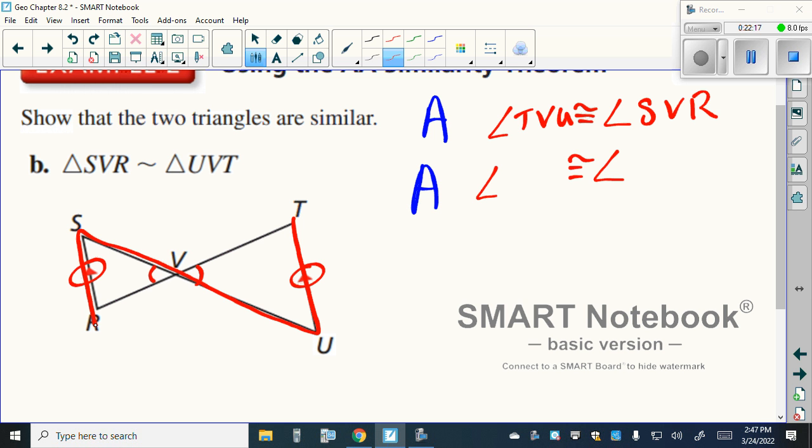So this right here is going to tell us that these 2 are congruent, that U is congruent to S because of alternating interior angles. Because the alternating interior angles between parallel lines cut by a transversal are congruent. So it's telling us that U and S are congruent.